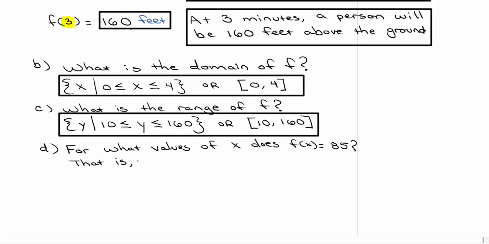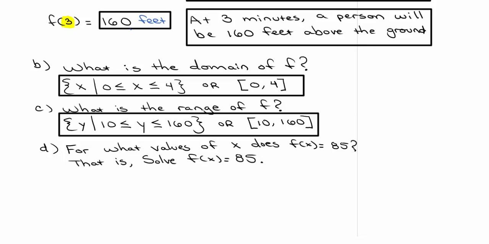That is, solve f of x equals 85. So notice that they're saying in this problem, solve, right? Like find a solution. So when we write this, we're going to make sure we write it as a solution set, or you're going to write x is equal to something, right?